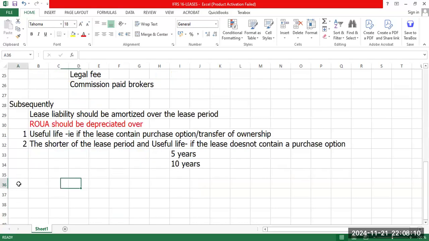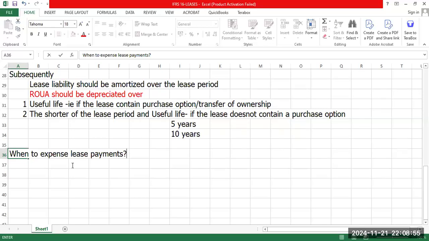But above all, we need to know when to expense lease payments, you as a customer or lessee.